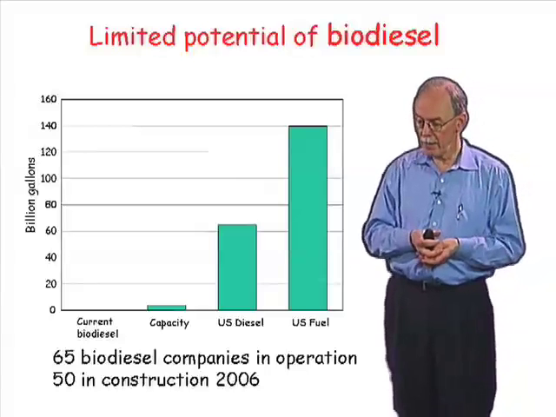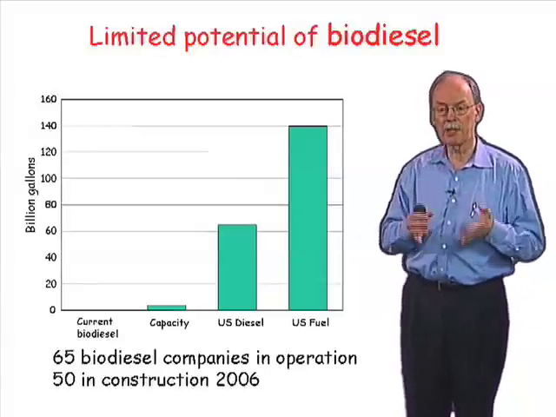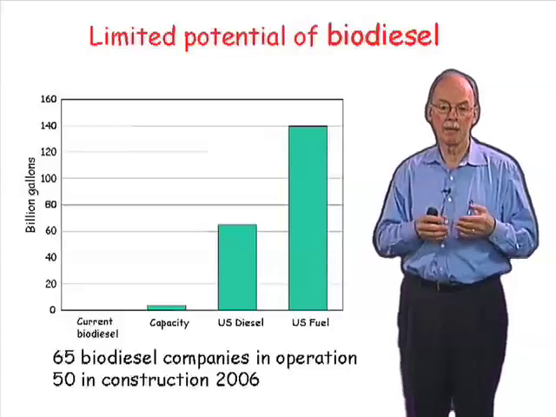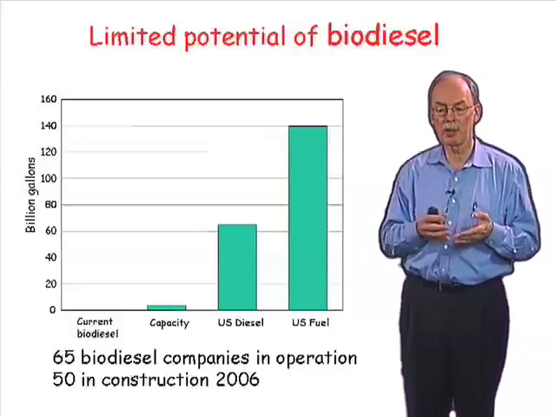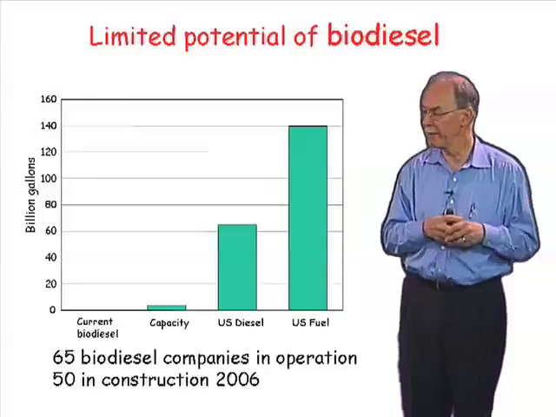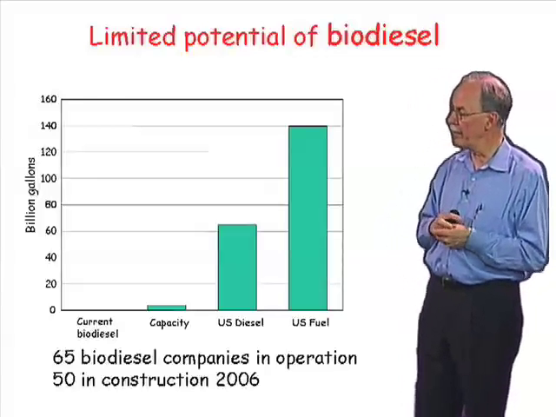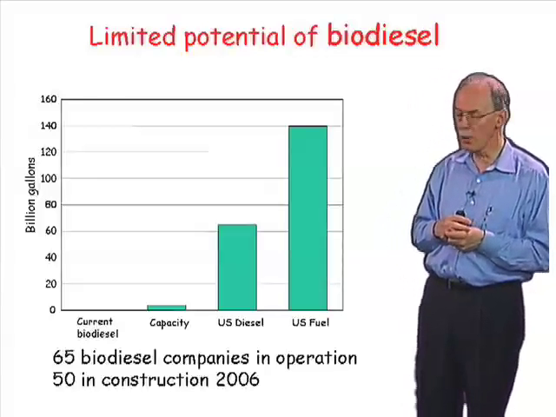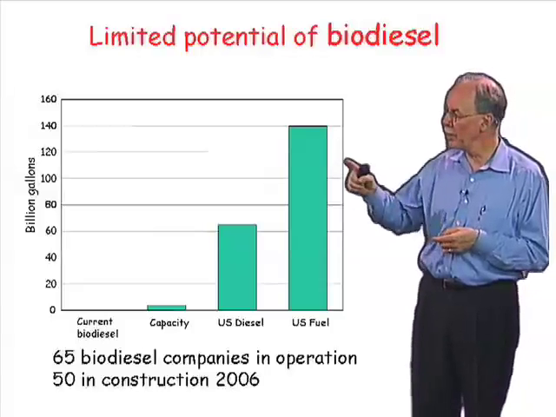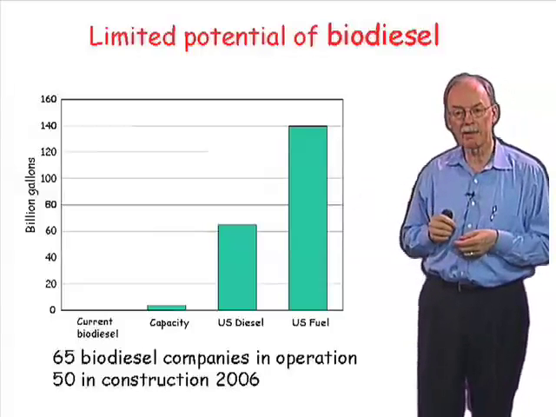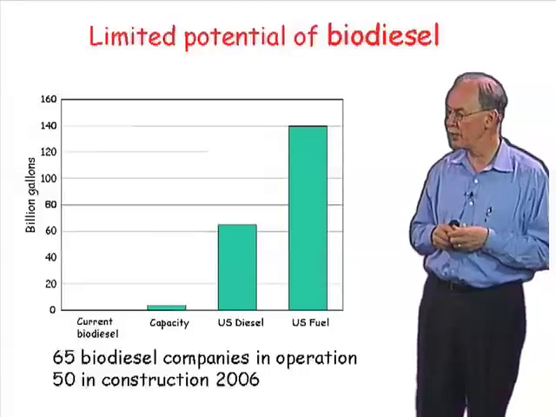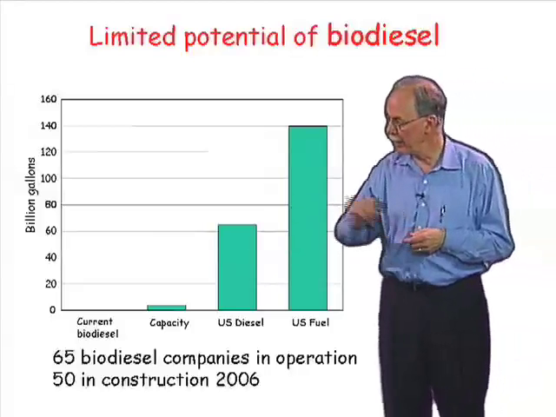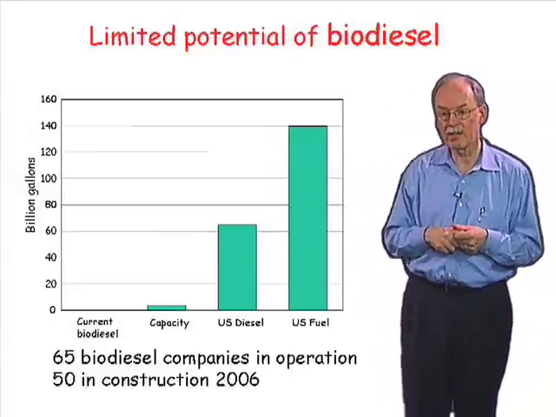However, if one is looking at the big picture in terms of to what degree biodiesel can contribute to our energy needs, it's not very promising. This slide is from the Congressional Research Office, and it's showing basically that we use about 140 million gallons of gasoline in the United States each year. We use about 60 billion gallons of diesel.